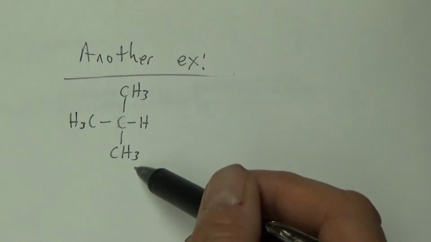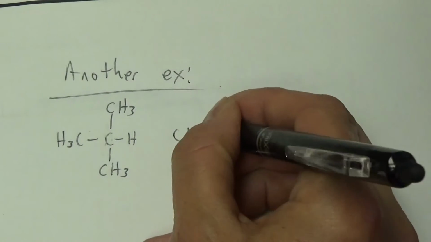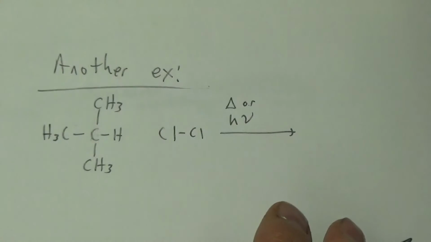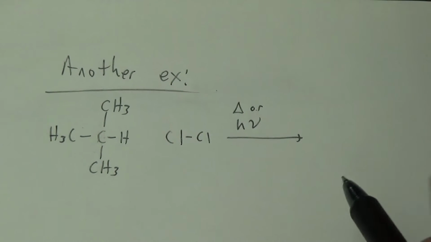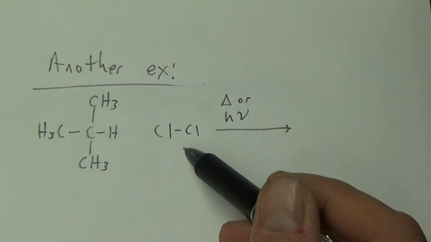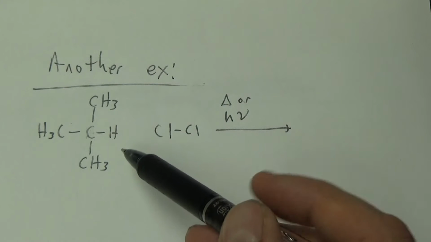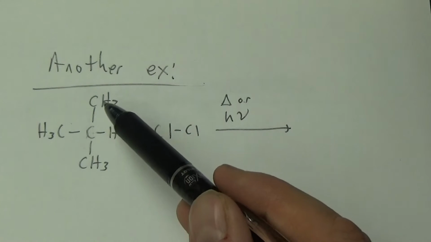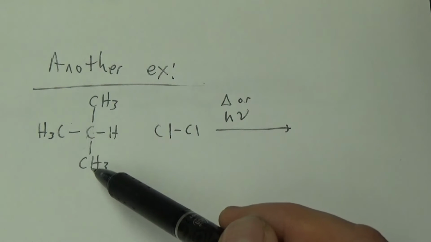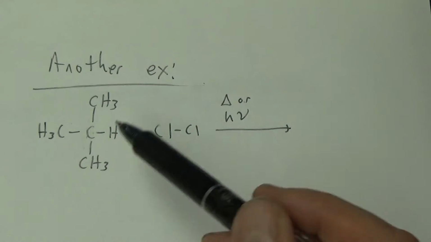So it's 2-methyl propane, reacting with Cl2, same thing, light or heat. How many different products would you expect in this example that you could chlorinate? Just like you did before, you could chlorinate the methyls, so that's one product, and you could chlorinate the internal position. So there are 2 products, right?